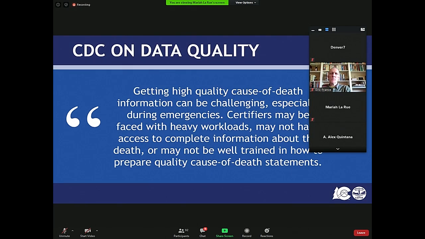And finally, I do want to say that the vital statistics system is a robust and long-standing system reliant on a great many partners within the state and across the country.